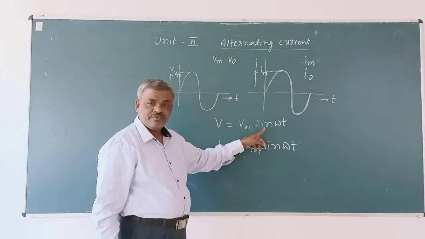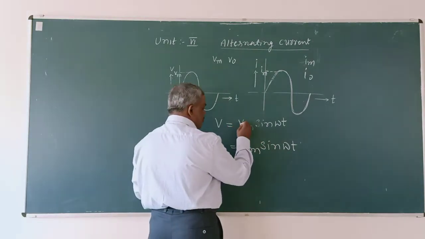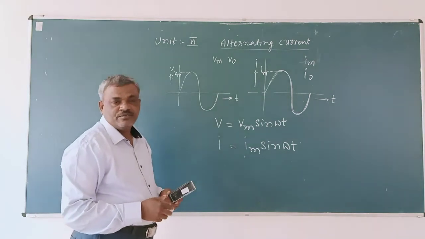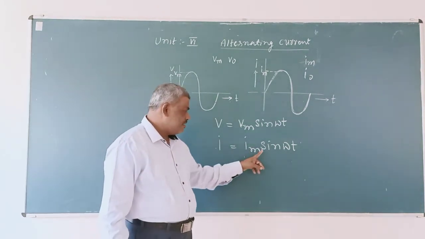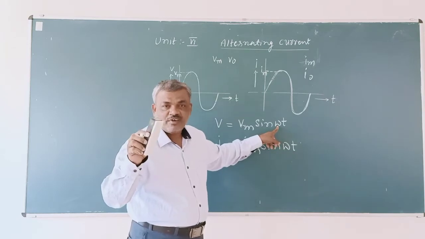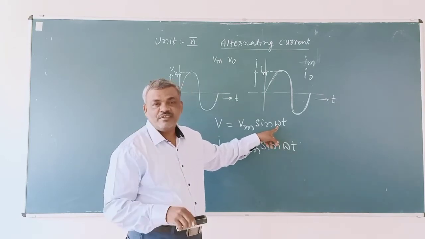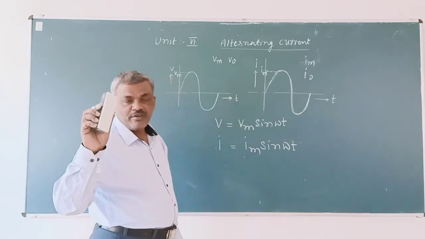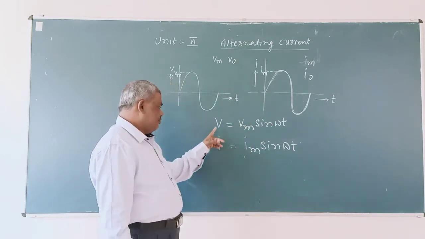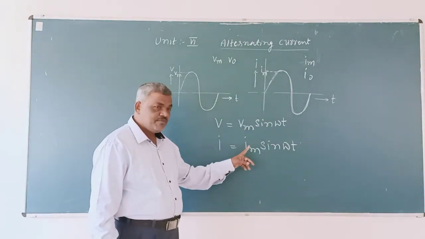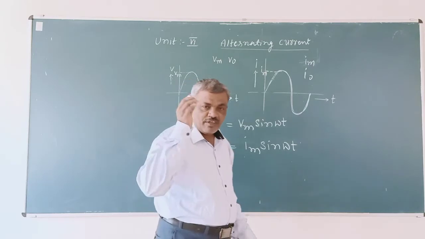So V equals Vm sin omega t, and I equals Im sin omega t. Omega is the angular frequency of AC, and t is time. These two mathematical expressions are very important.